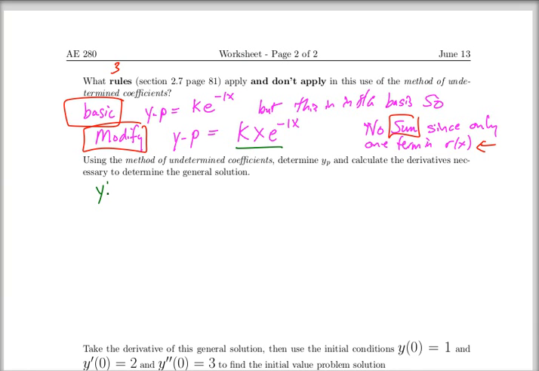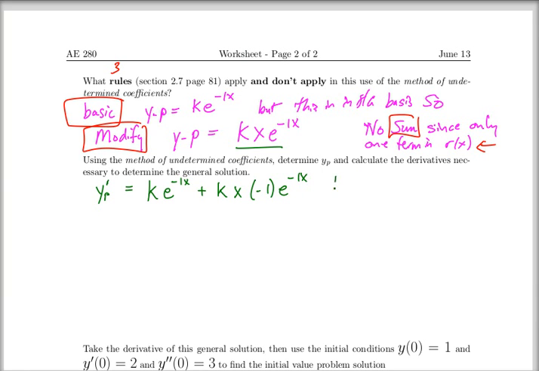All right, we're ready for the use of the product rule. Y prime p is going to be equal to k times e to the minus 1x plus k times x times minus 1 times e to the minus 1x.